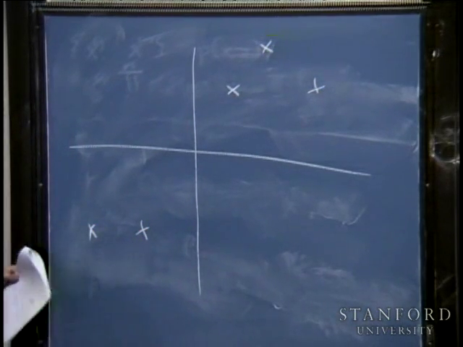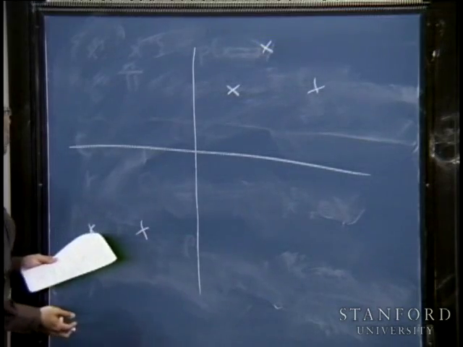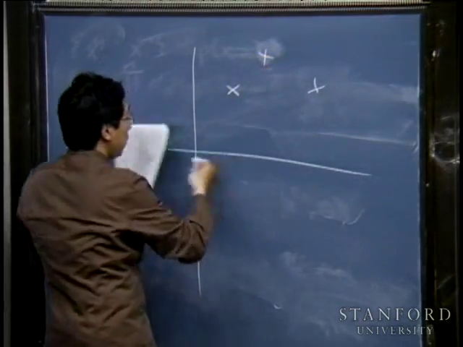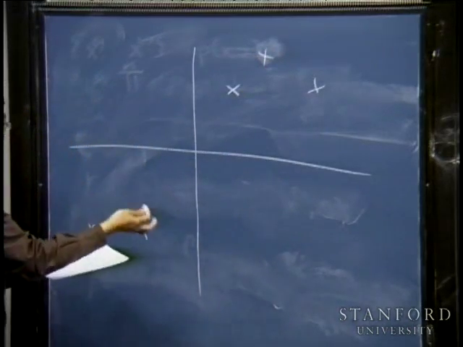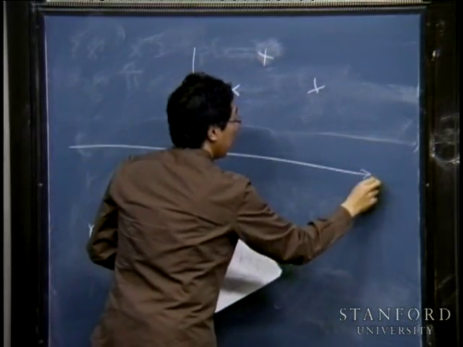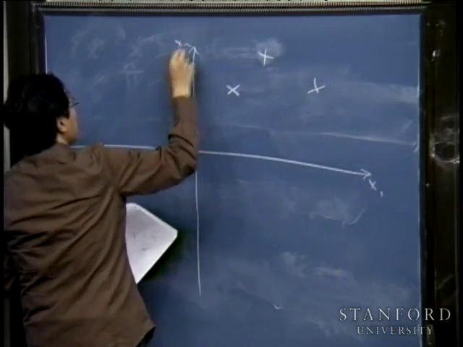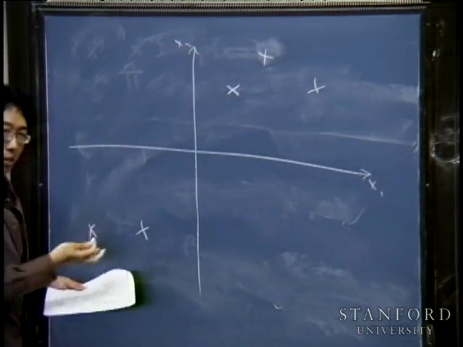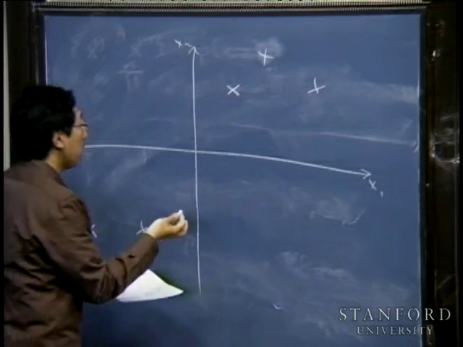Okay, here's my training set comprising 5 examples, and it has roughly 0 mean. The variance on the x1 and x2 axes are the same. That's x1, that's my x2 axis. And so the principal axis of variation of this data is roughly the positive 45-degree axis, right?